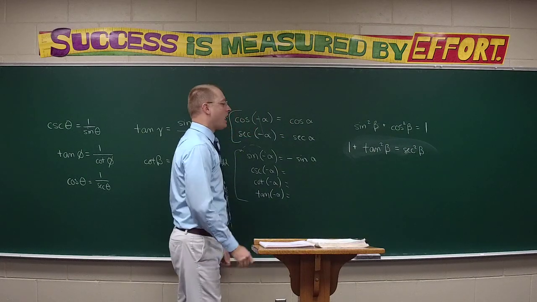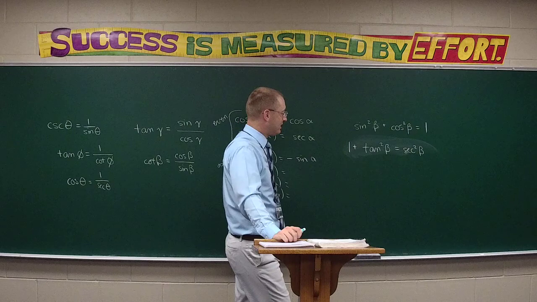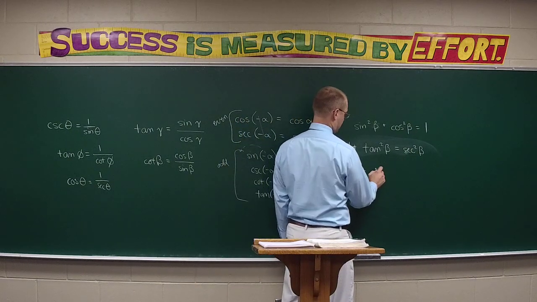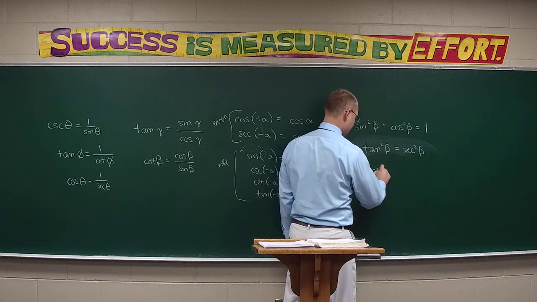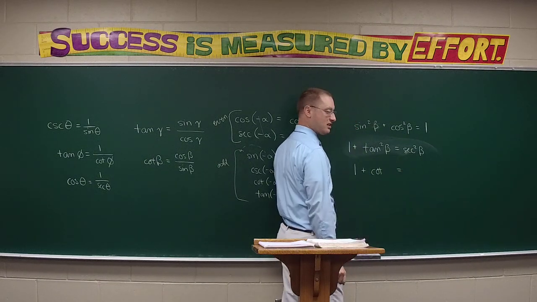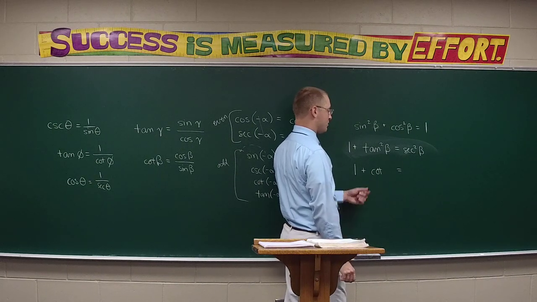So Chris, we'll let you take the last one without looking back now. 1 plus cosecant, cotangent equals... Okay. Am I missing something? Yes, you are. You said cotangent.